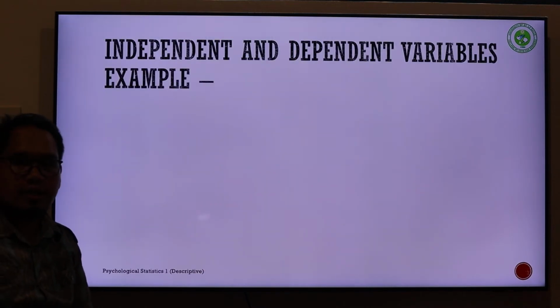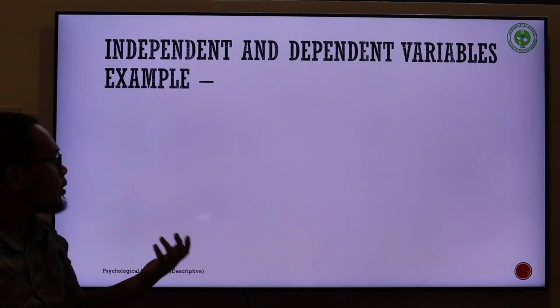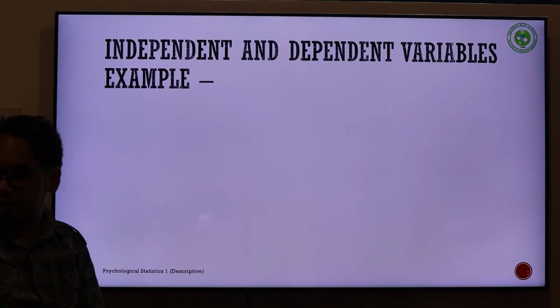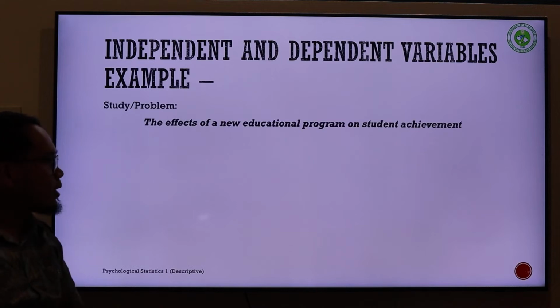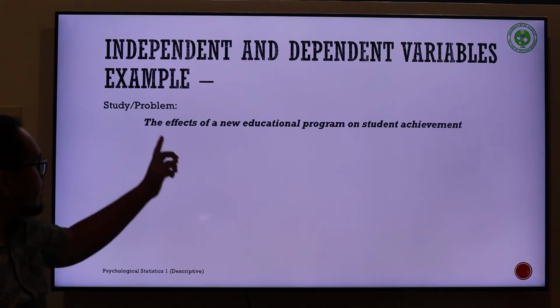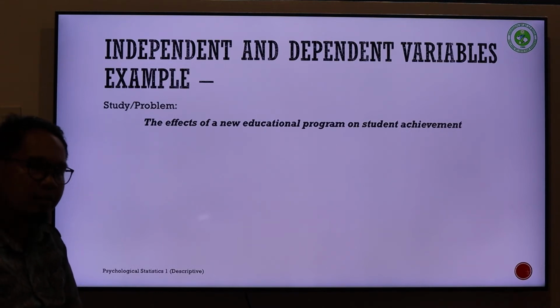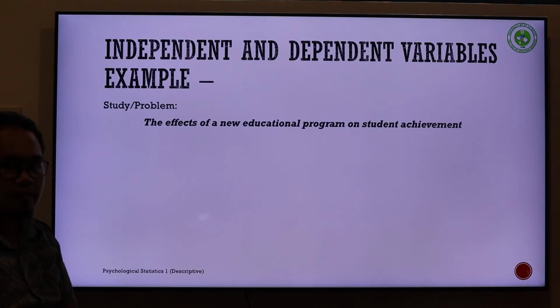Now let's see an example of how to determine in a certain problem which are the independent and which are the dependent variables. For instance, let's consider this study: the effects of a new educational program on student achievement. What do you think is the independent variable? I'm going to give you some time. Remember, it's the one that we manipulate, it's the cause, it's the program, the one that we tweak.